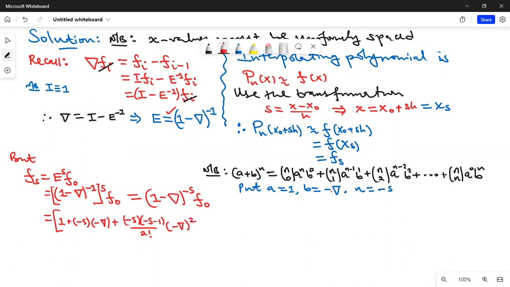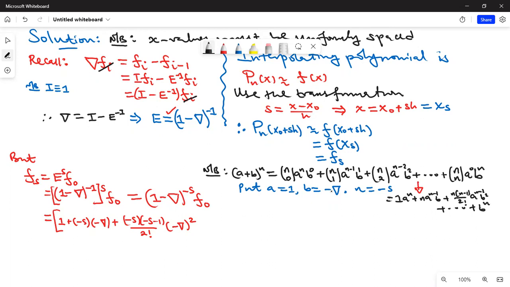Somebody's wondering where I'm getting those. So you see, when you work out this, you are going to get, let me say this one should give you, of course, n combination 0 is 1, so it is 1 times a raised to n plus n a raised to n minus 1 b plus n minus 1 over 2 factorial a raised to n minus 2 b squared plus so many other terms up to the last one, b raised to n.